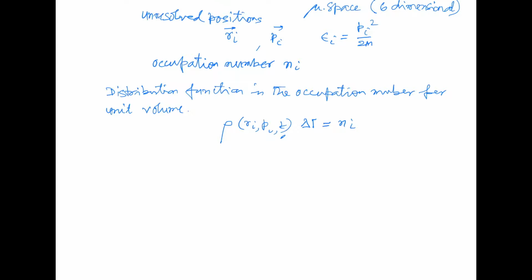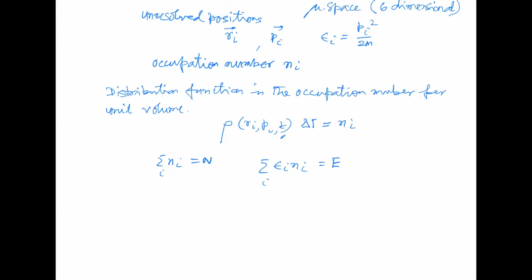So in general, the distribution function rho is a function of time. Further, the summation over i of Ni will be the total number of particles N, because when we add up all the particles present in all the cells, that will be the total number of particles, and the total energy E will also be given by the sum over i of epsilon i.